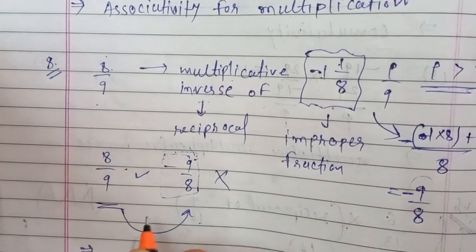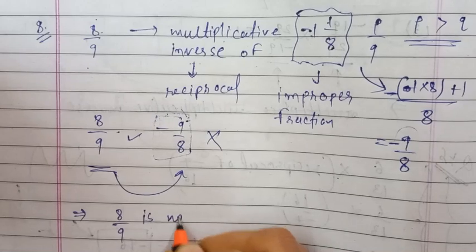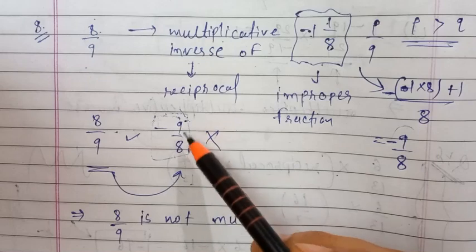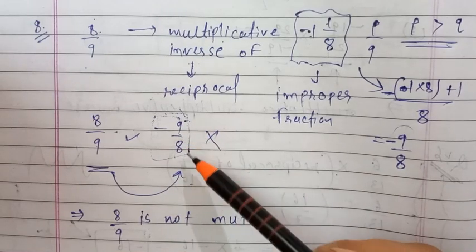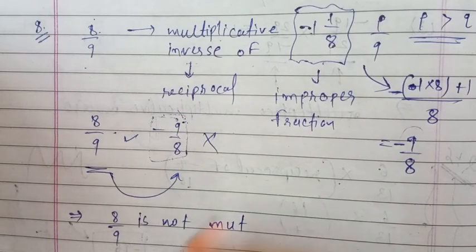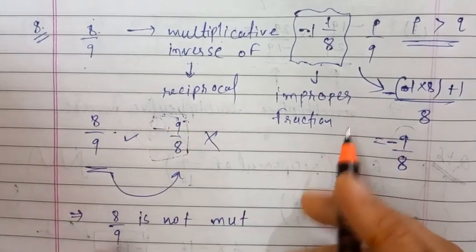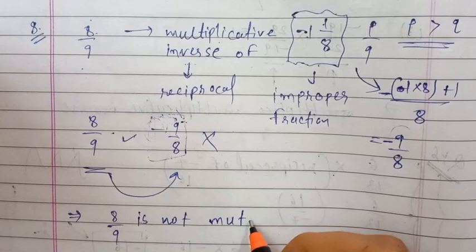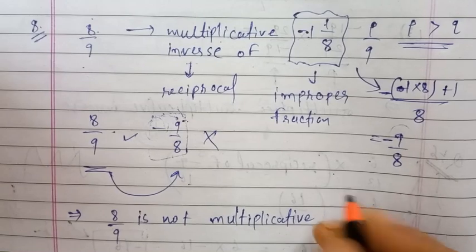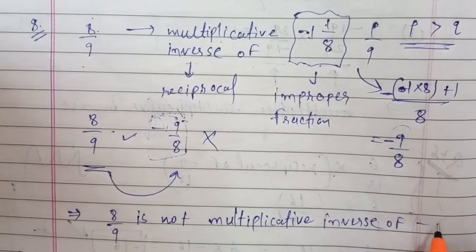Because if a number has no minus sign, then its multiplicative inverse does not have any minus sign either. Here this rational number has no minus sign, but the other one has. We change the positions of numerator and denominator, but the minus sign is there. So by this minus sign we can say that 8 by 9 is not the multiplicative inverse of minus 9 by 8.